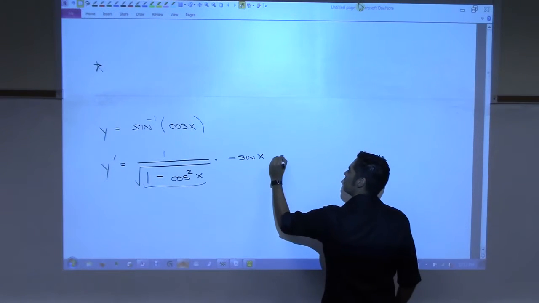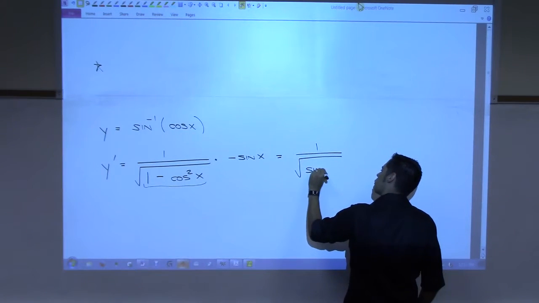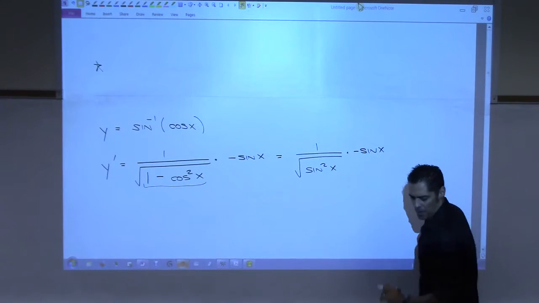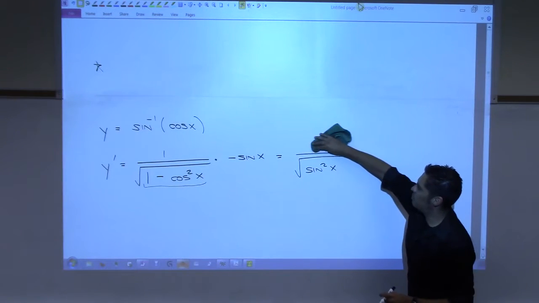So this is 1 over the square root of sine squared x times negative sine x. Hey, how about I put that negative sine x on top? Is that okay?